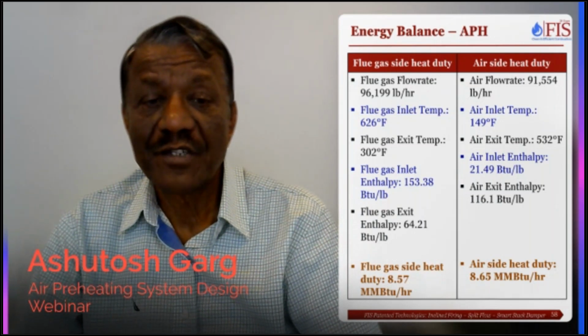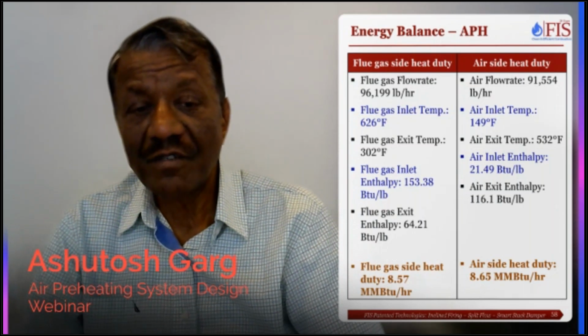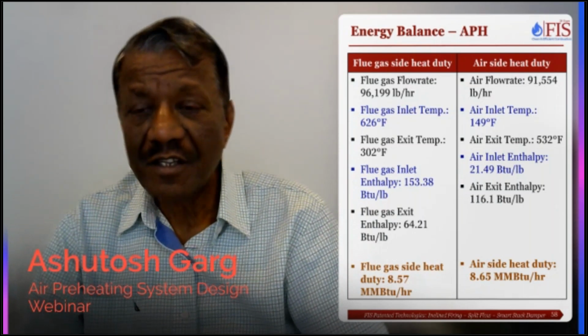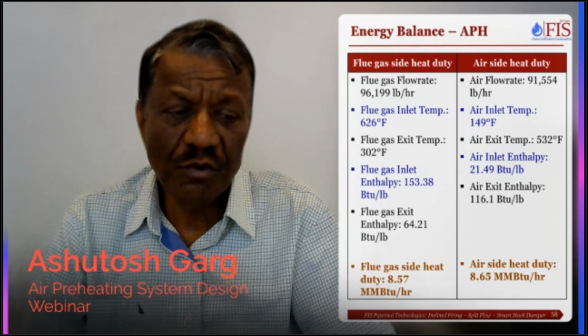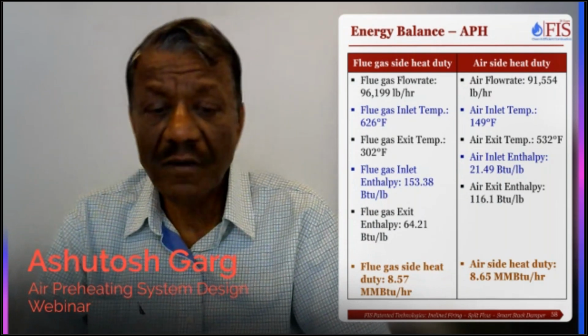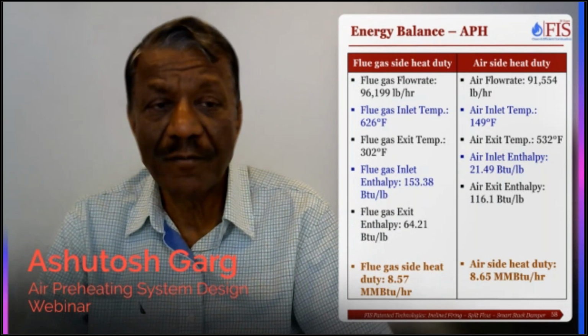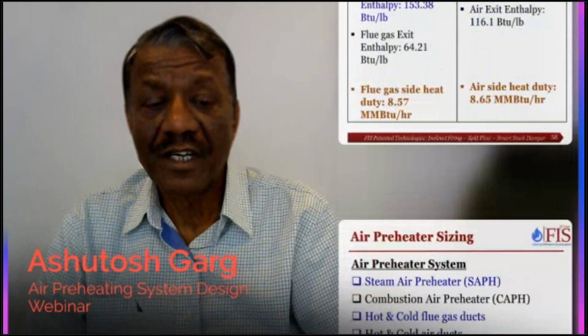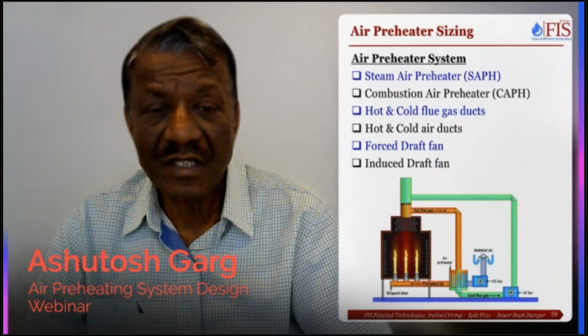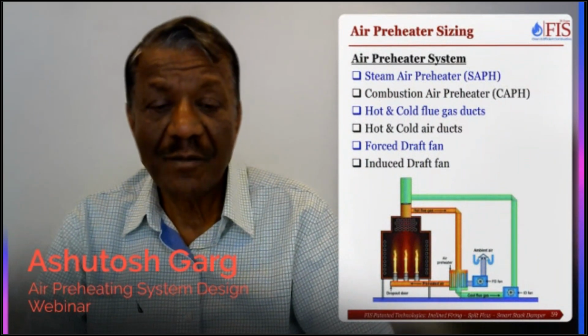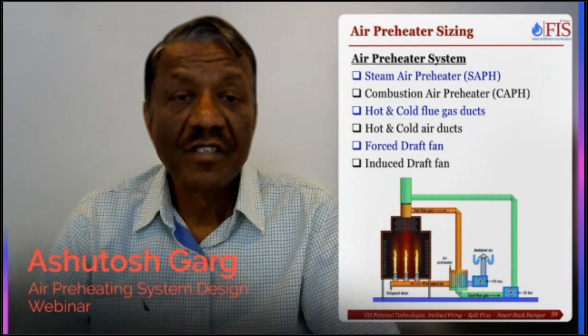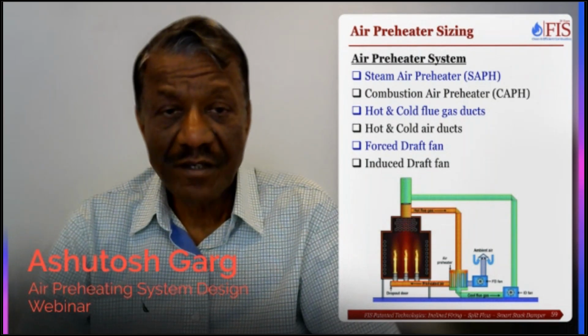Flue gas temperature, flue gas exit enthalpy. With simple calculations, I think all of you who are chemical engineers can do it, or there are several computer programs that can do it on your side. This is just showing you different elements of air preheater.